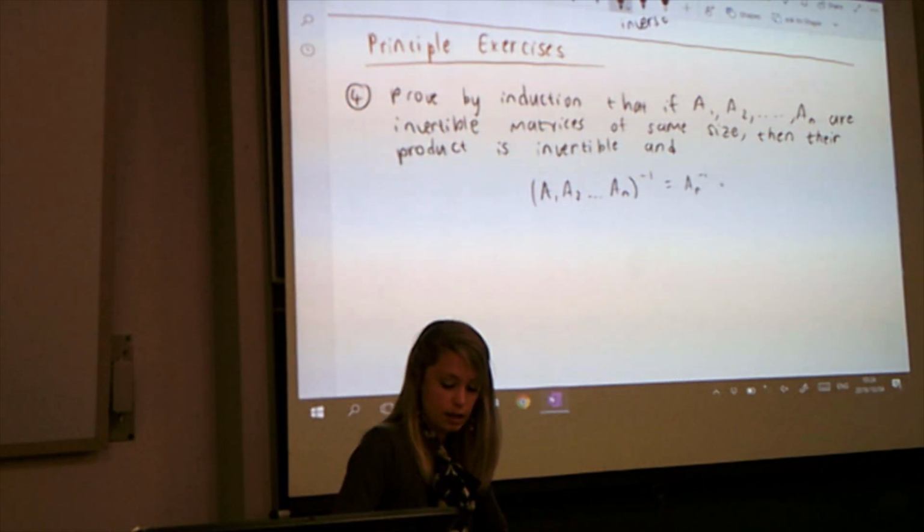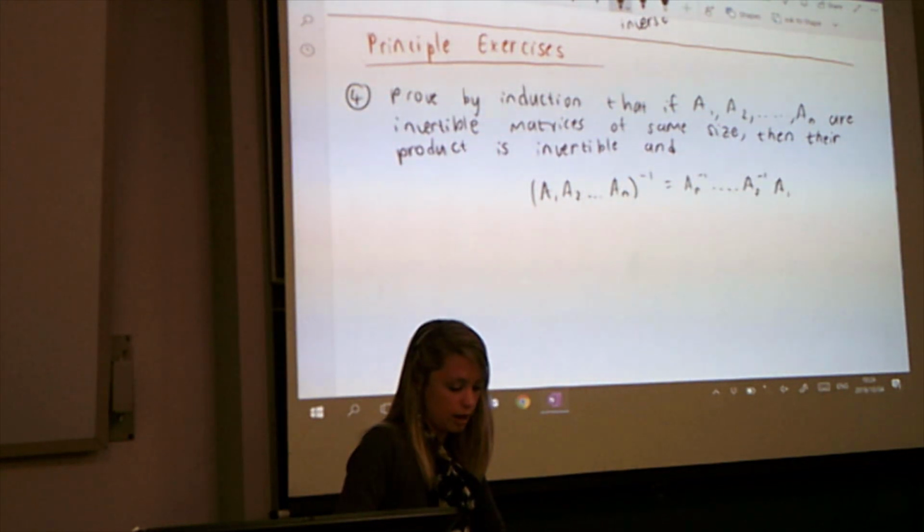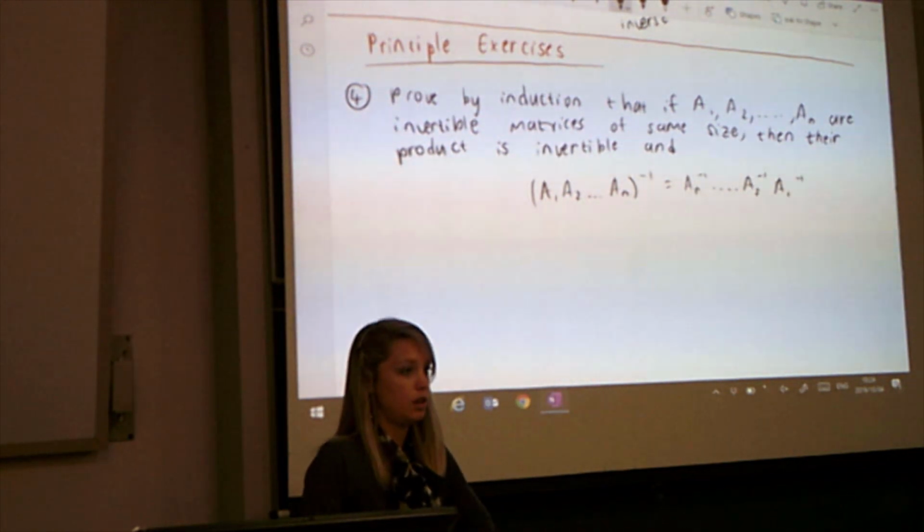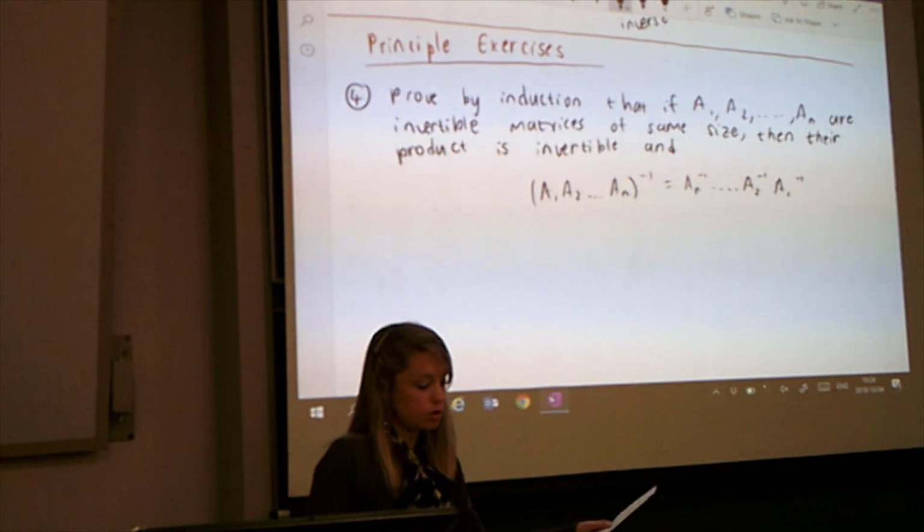So AN's inverse down to A2's inverse, A1's inverse. Right. So we want to prove that by induction.